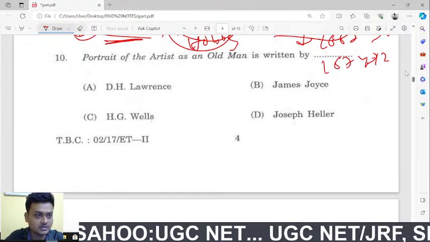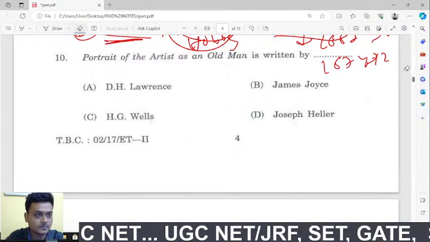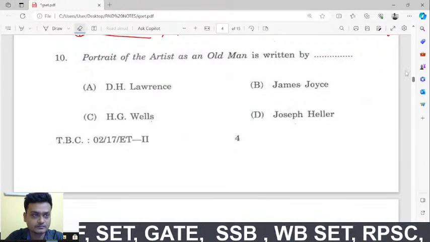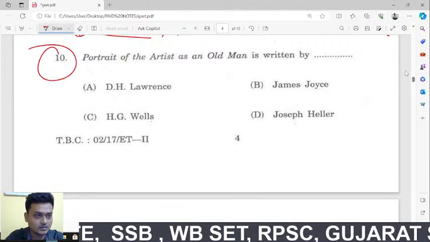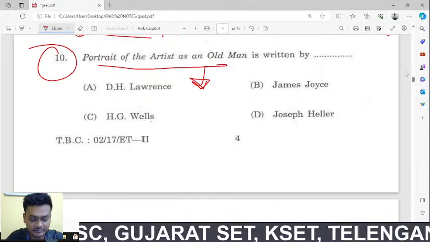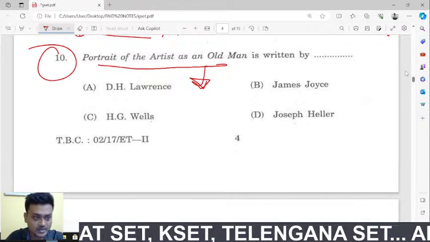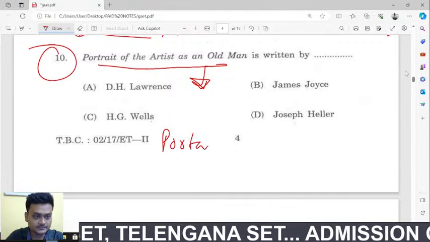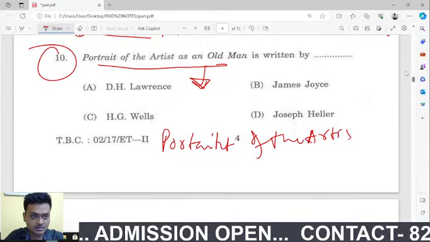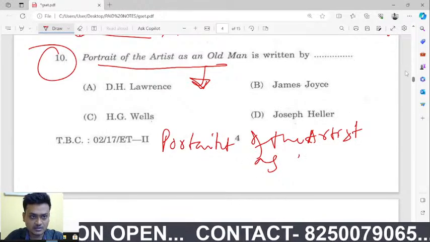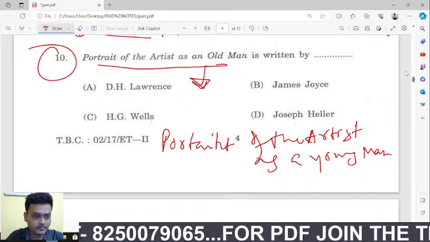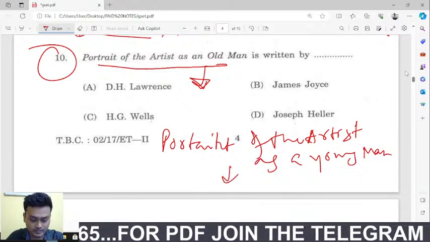Now here is question number 10. Portrait of the Artist as an Old Man is a work by, very important work. So we have three works. One is Portrait of the Artist as a Young Man, then by whom?